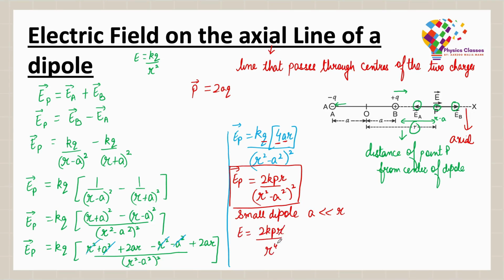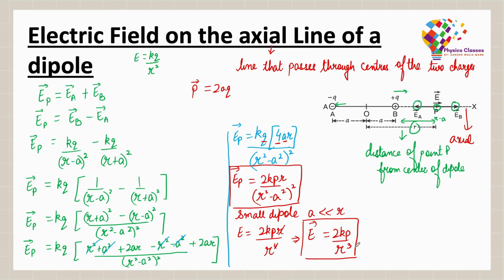So this R and this R get cancelled, and my electric field finally can be written as 2KP by R cube. This is only applicable when you have a small dipole. If the distance A is not less than R, then you cannot use this. In fact, it has to be much less than R, then only we can use this.